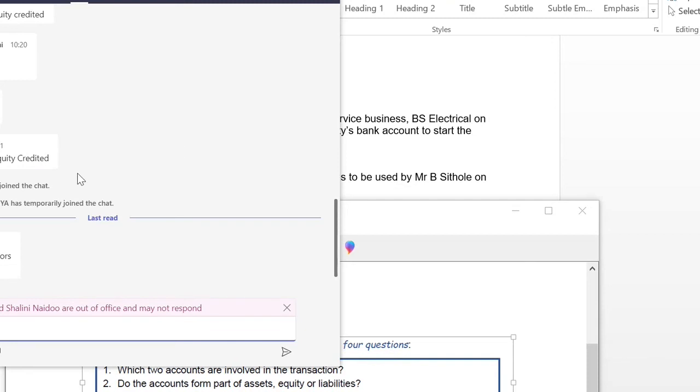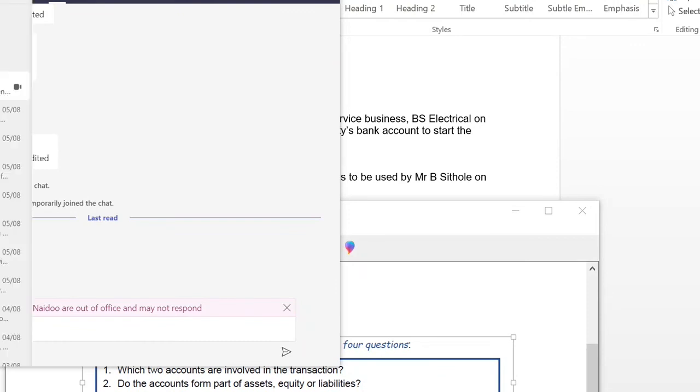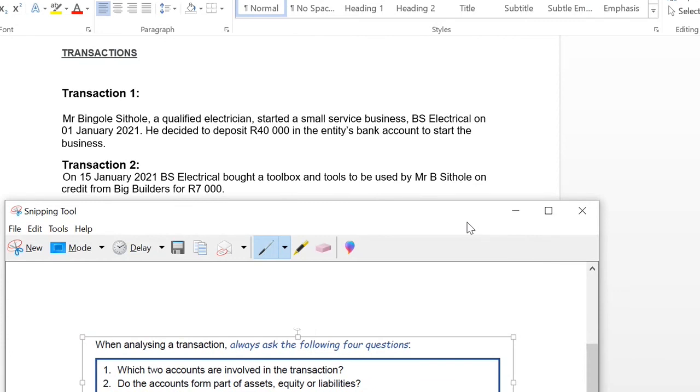Shalini is saying equipment and creditors. I agree with Shalini. Are you with me, guys?